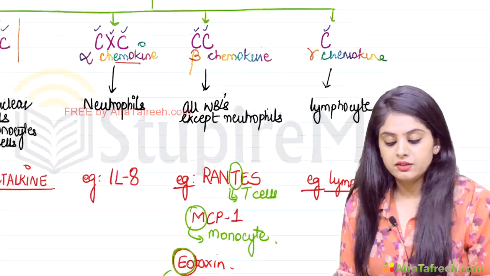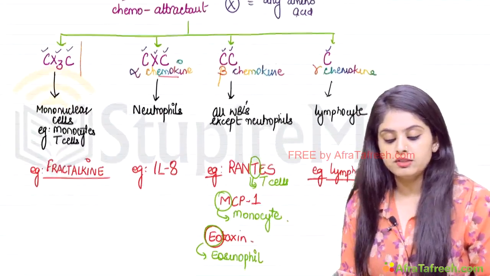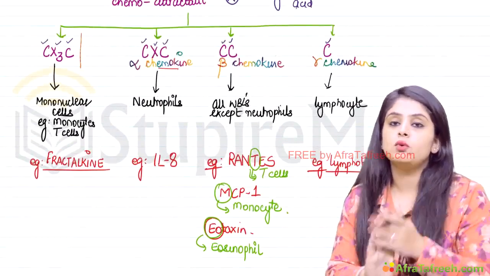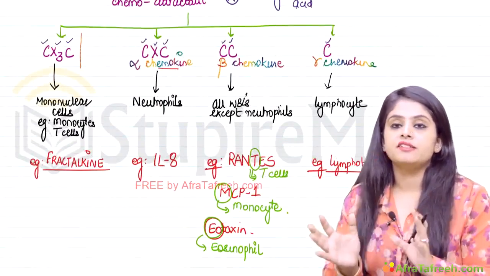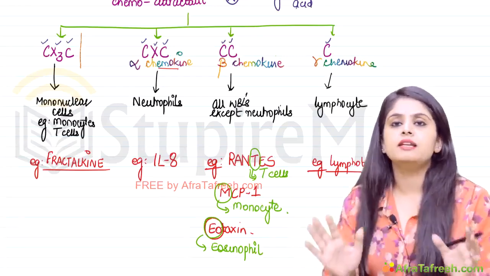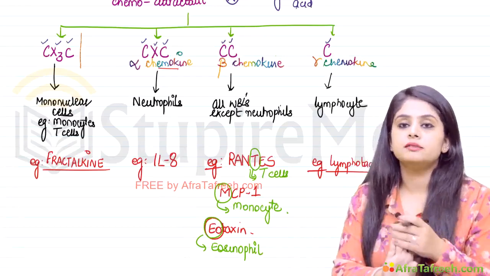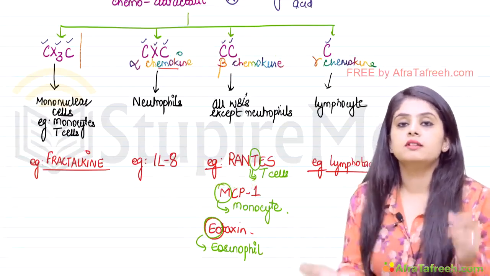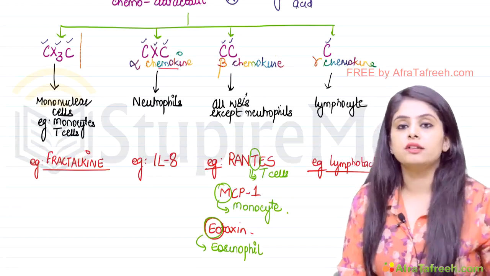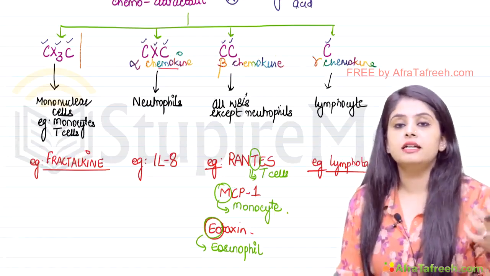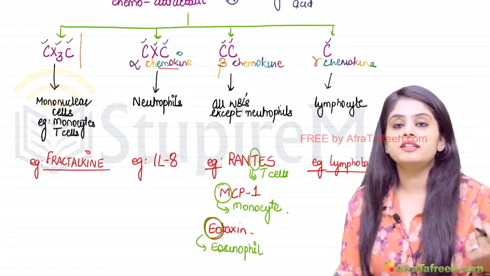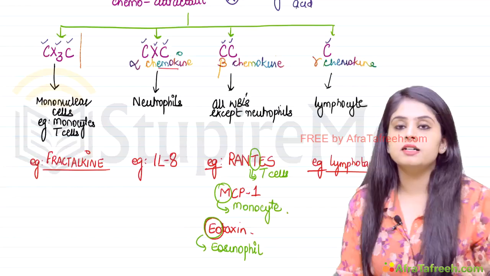So students, as I had told you, this happens to be one of the most difficult tables that we have under mediators. How to simplify? 4 categories. C and X refer to C for cysteine, X for any amino acid. Number 1, we have CX3C, the longest name. The example is the longest, that is fractalkine. It will bring the mononuclear cells. Next is CXC, also known as alpha chemokine.